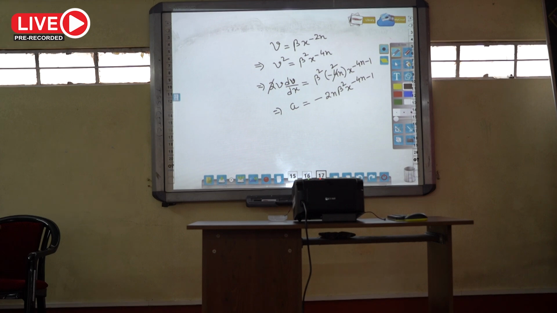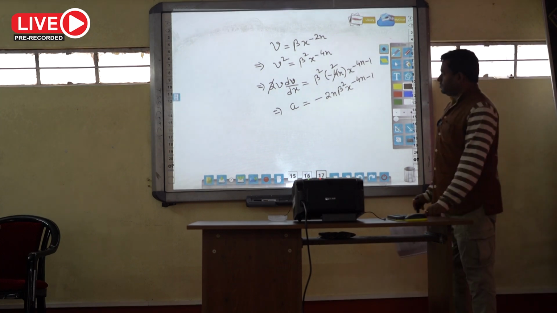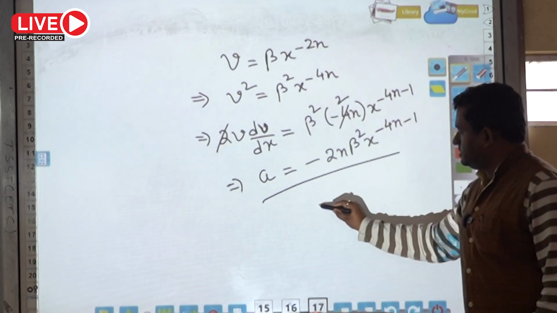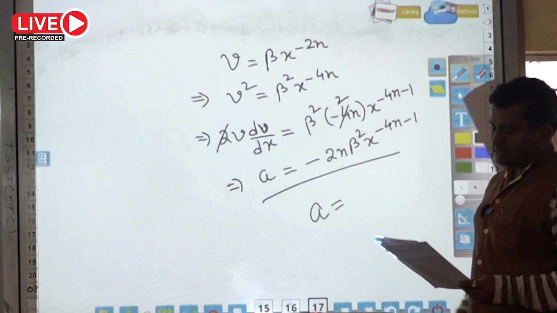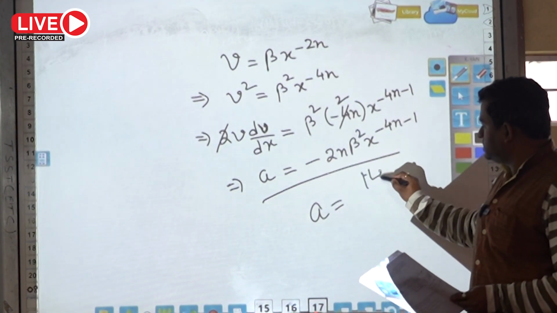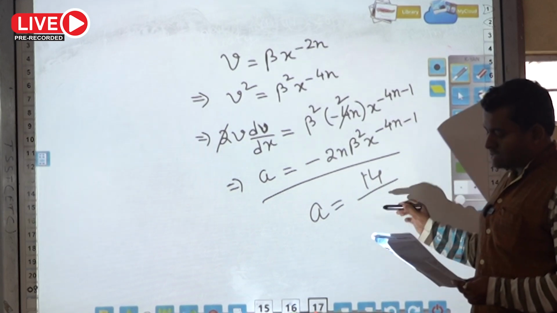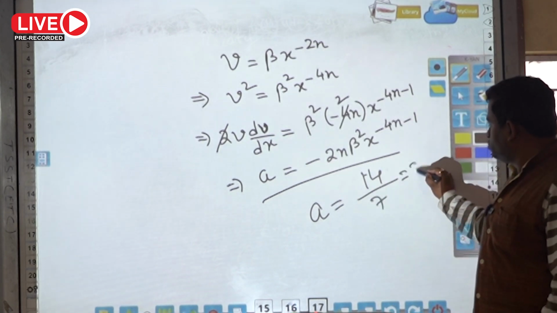If force 14 Newton is applied on the 4 kg block, then the contact force between A and B is required. For calculating the contact force, what we will do? First, we will calculate acceleration. Acceleration will be simply total force divided by total mass. Total mass is 7, that is 2.